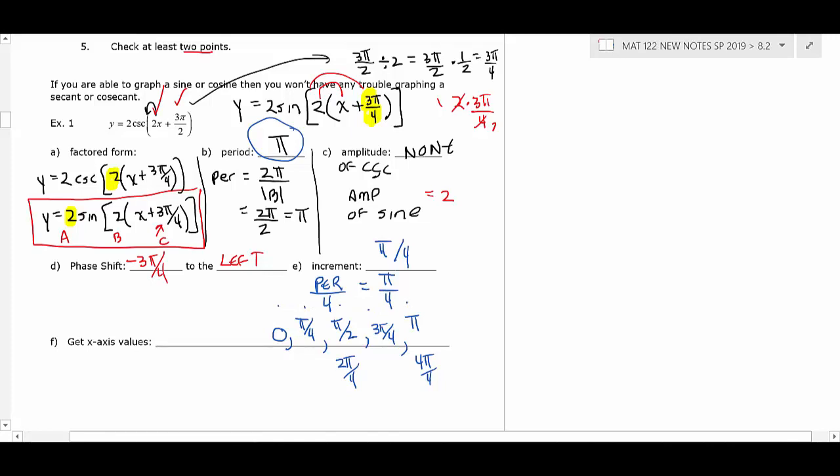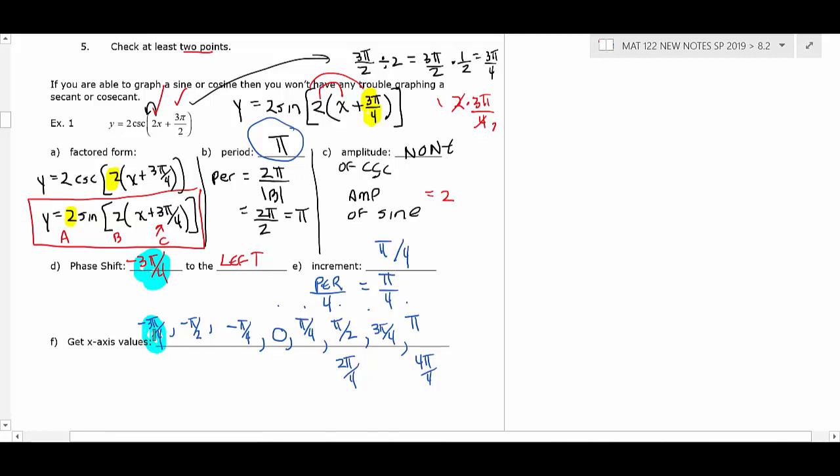Okay, now you can go further on that if you want to, or you can go backwards. And I'm going to go backwards on this and just go negative pi over 4, and then negative pi over 2, and then negative 3 pi over 4 like that. Because what I generally like you to do is when you graph, most of the time I'm going to have you graph one period, and if there's a phase shift, I like you to start at that phase shift.